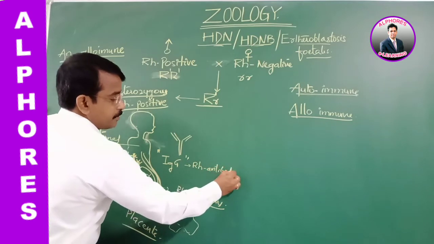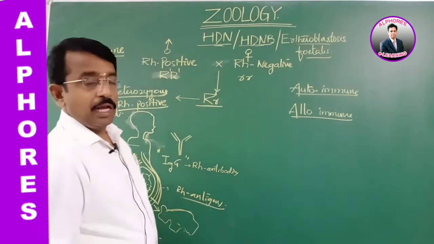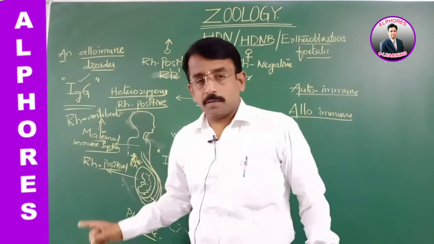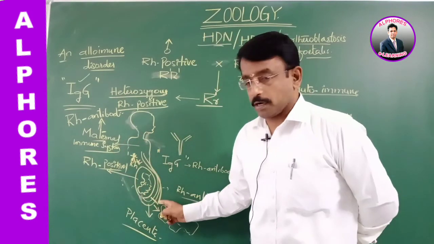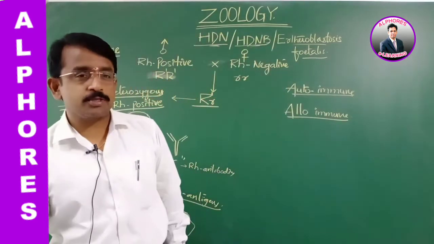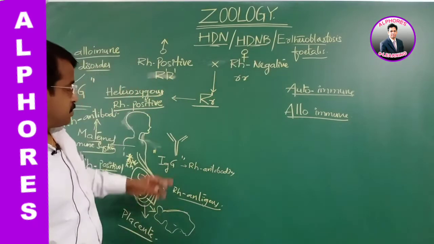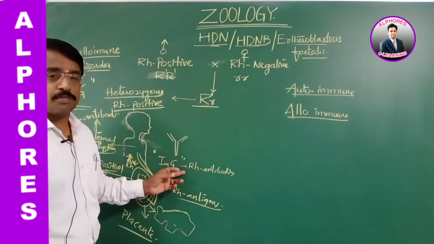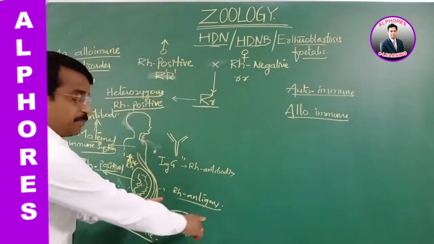I repeat. At the time of parturition, the placenta ruptures and antigens are released. These antigens are exposed to the mother's immune system, and the mother's immune system sensitizes and produces the Rh antibodies. Meanwhile, the first baby takes birth.